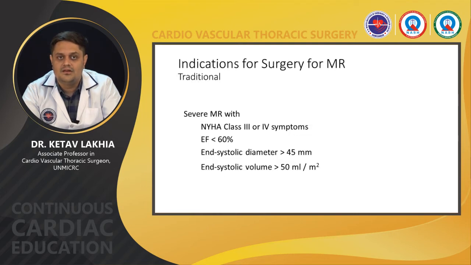So any patient who has severe MR with NYHA class 3 or 4 symptoms, EF less than 60, ESD of more than 45, 40 to 45, and end systolic volume of more than 50 ml per meter square should have surgical repair or replacement.